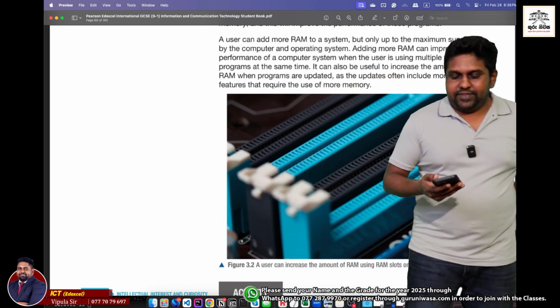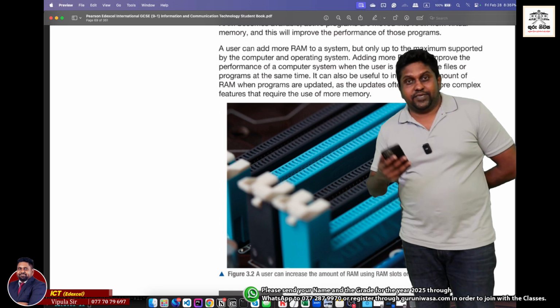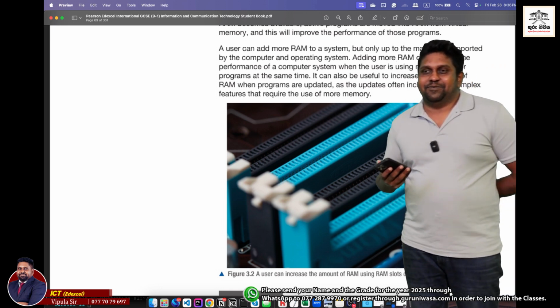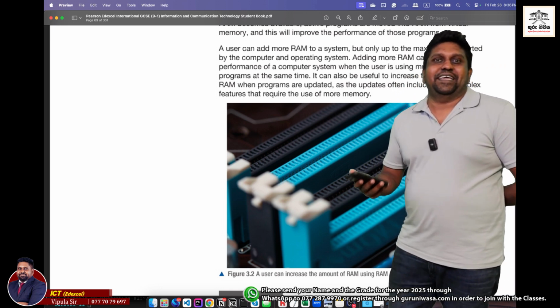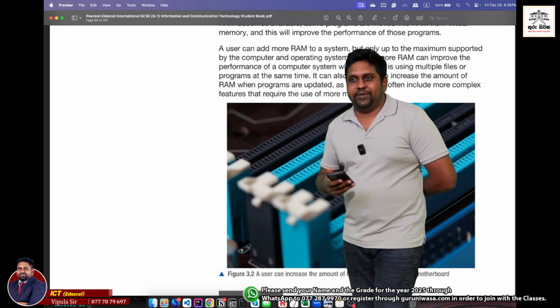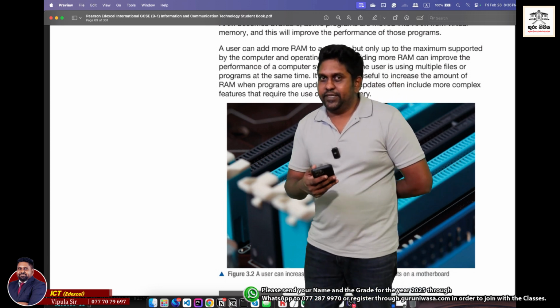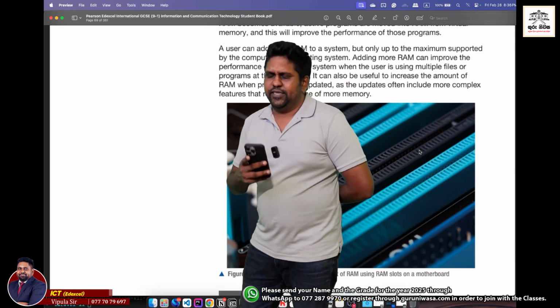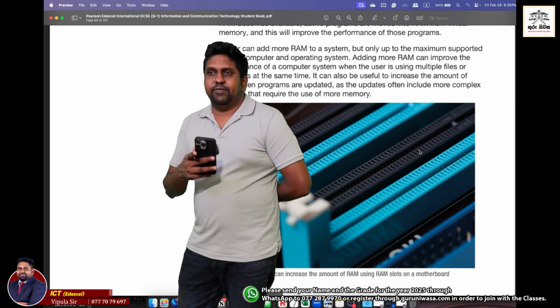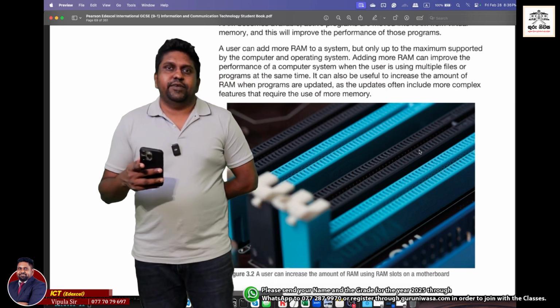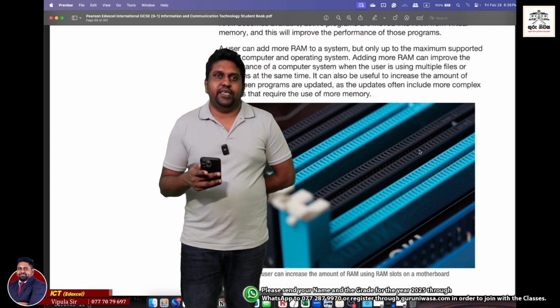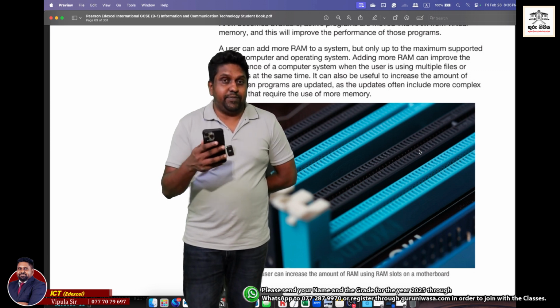So what happens now? The operating system is actually intelligent. So it knows that you don't have enough RAM. When you run out of RAM, the operating system, the resource manager, will automatically find out which application is free.